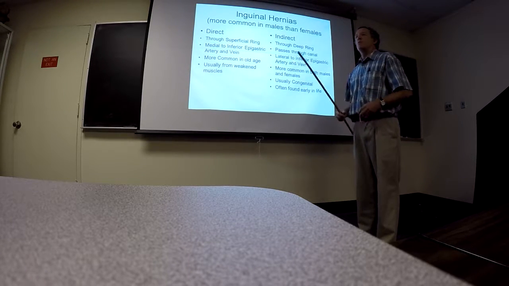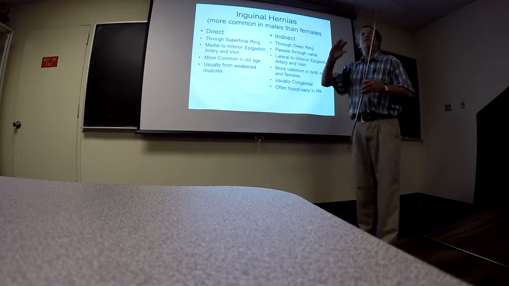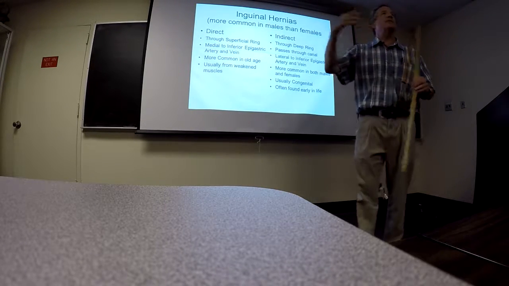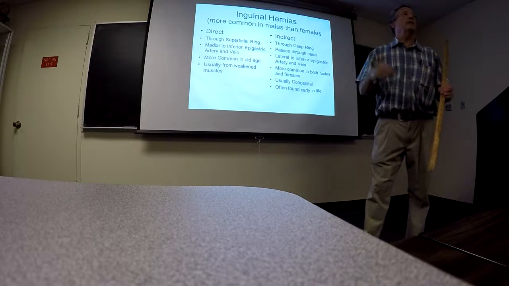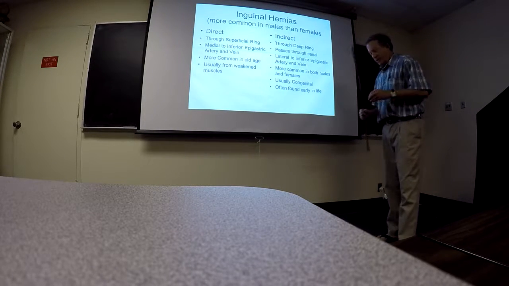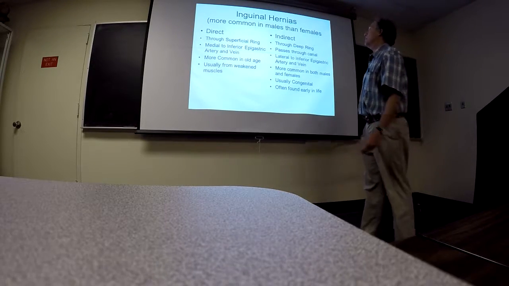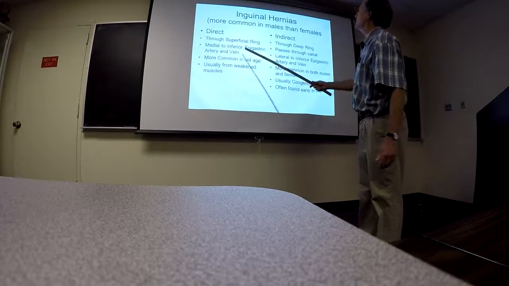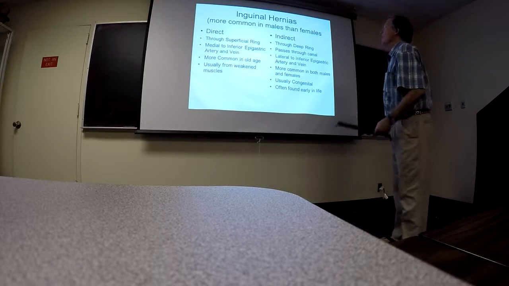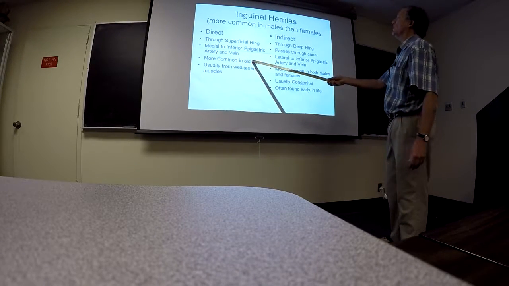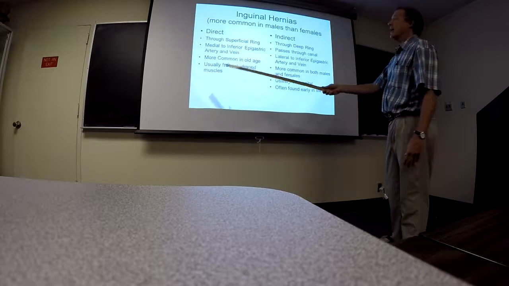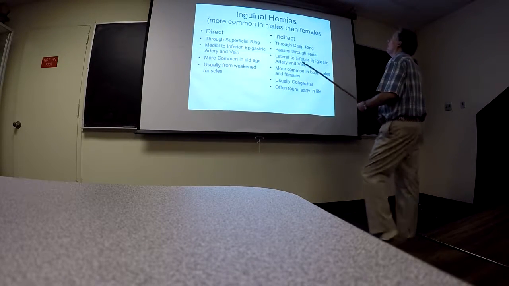The problem is once you push a little bit of gut through a hole, it might get twisted off, it might get gangrenous and infected and get very bad, or alternatively you just have a big bulge in the front of your lower abdomen, which may not be terribly cute. It's more common in old age, usually from weak muscles, and it happens in both males and females.